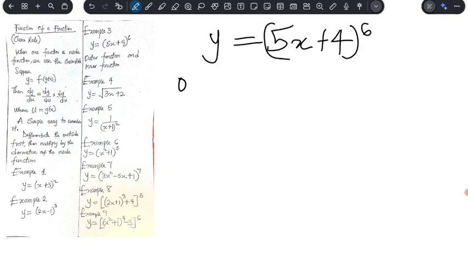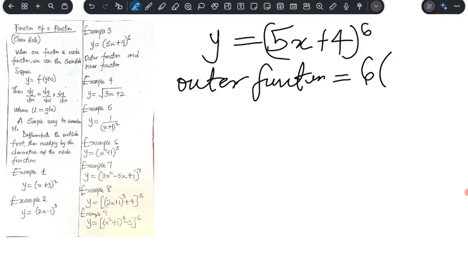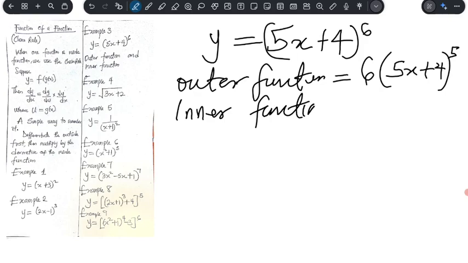So the outside function, we are able to write the outside function, which is 6 times (5x + 4) raised to power 5. We have the inner function. So the inner function is 5x + 4, and the derivative of 5x + 4 is 5.